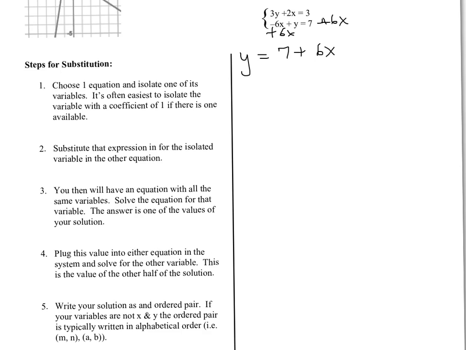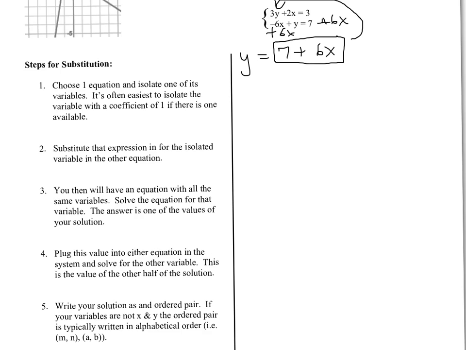Now, that 7 plus 6x is the expression that y is equal to. And since when two lines intersect, the place where they intersect, the x and the y are the same, we're going to take this expression right here, and we're going to replace the y value in the other equation with that expression, because y is 7 plus 6x.